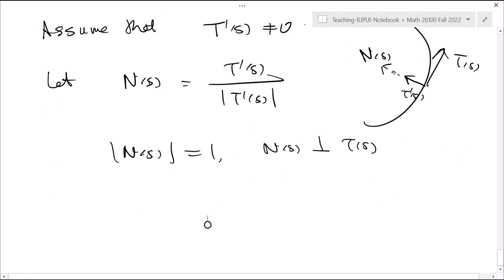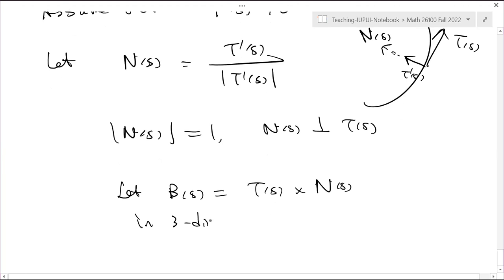Not too bad. Once it's in three-dimensional space, once you have a T, you have an N. What happens? You can define another one. You can define B of s to be T of s cross N of s, the cross product in three-dimensional space.